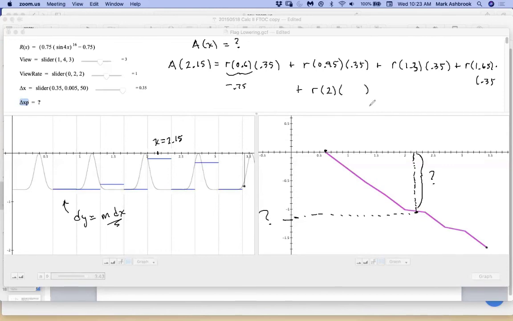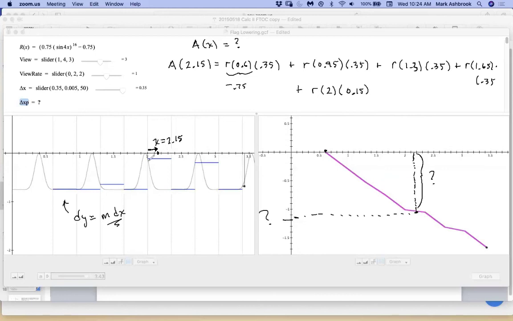It's going to be like 2.15 minus 0.35 or something. How much change in the current interval do we have so far? 0.15 amount of change, right? All these changes are 0.35, but now we're only partially through the current interval.